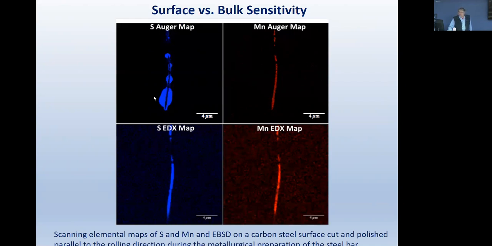This information comes from the electrons, not from the X-rays. Apparently, manganese is not doing it, just the sulfur. So sulfur is apparently leaking from this manganese sulfide inclusion around there, and perhaps this is a very thin layer of iron sulfide now.